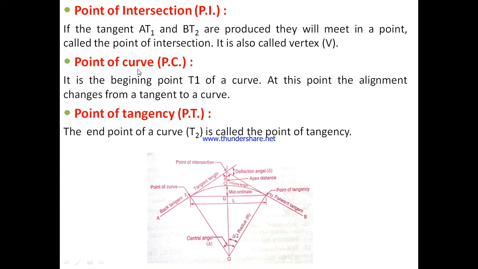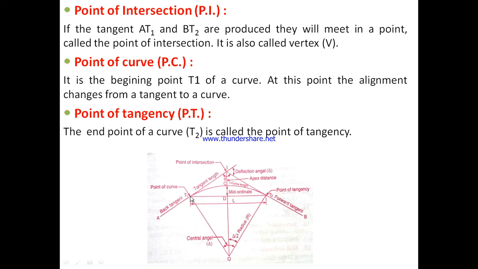Next one, point of curve. The notation is PC. It is the beginning point T1 of a curve. So this is the beginning point of the curve. From this point onwards the curve starts. So this is the tangent, this is the straight line.